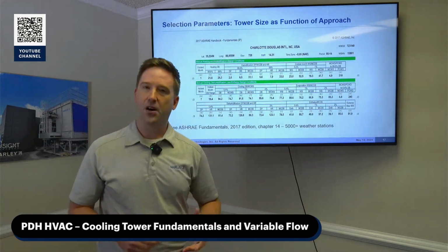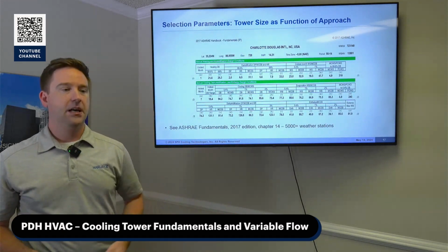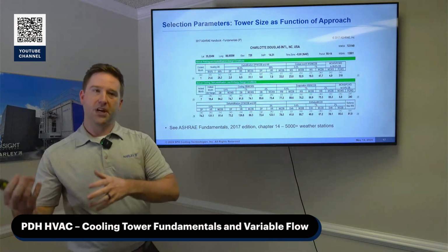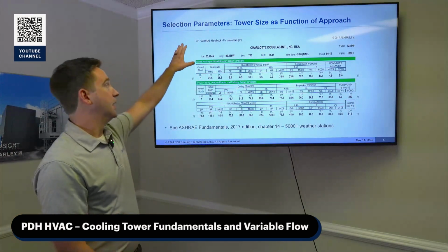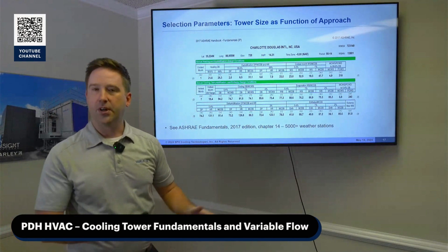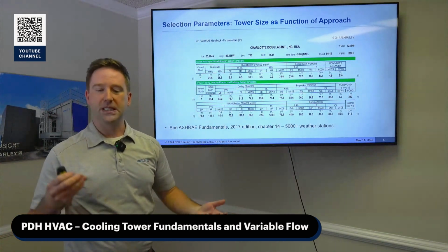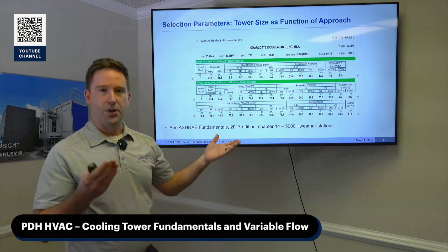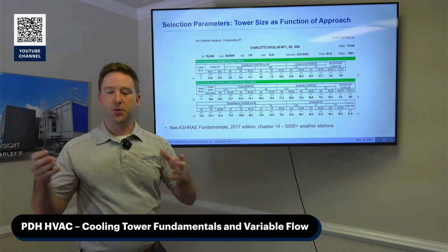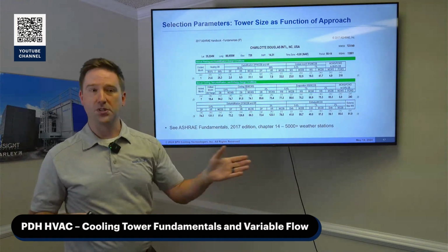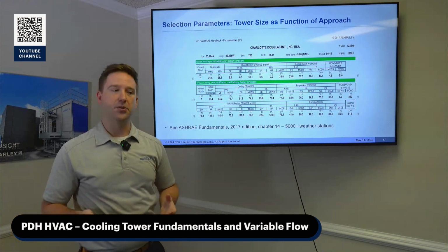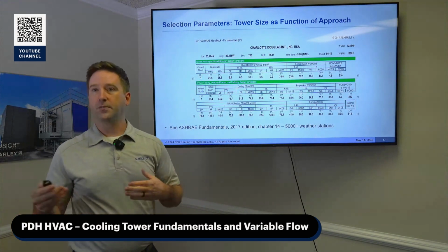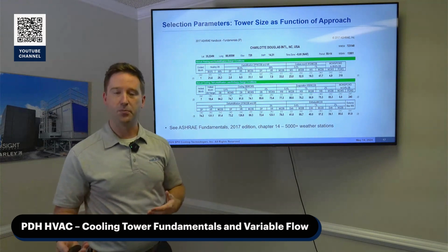And again, on the wet bulb temperature, the wet bulb is what's driving the evaporation, not the dry bulb. So the ASHRAE handbook, they've gone all around the world, they've collected data, and they know the wet bulb temperature for a certain location over the course of a year. So typical engineering design, you're going to design for a 0.4% design wet bulb.